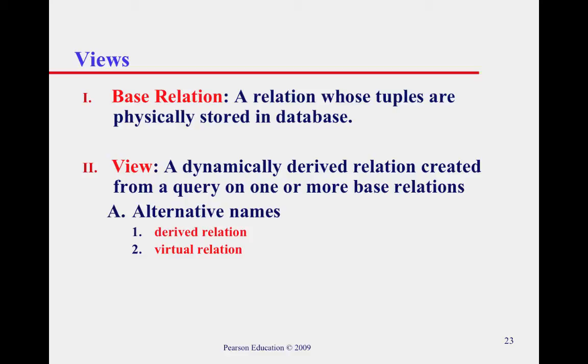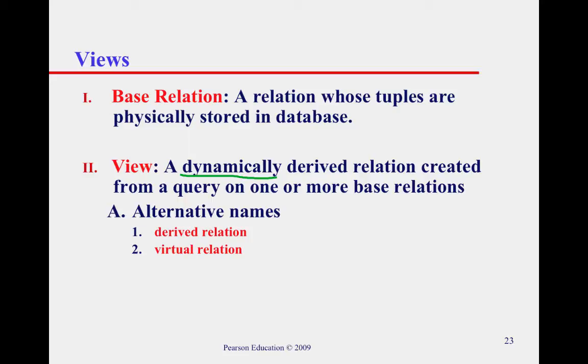We call a base relation one whose tuples are physically stored in the database. And then we say a view is a dynamically derived relation. So it may not physically exist in the database. It may be created on the fly.